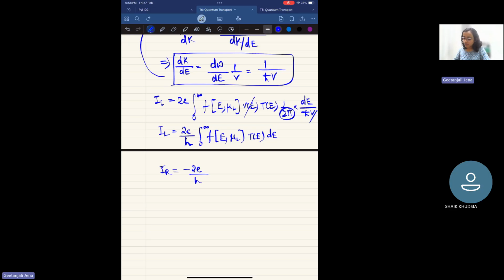For IR, we have the same case, and we can also change the limit, because only the energy levels from UL onwards will participate in the transport. So there is no need to take it from 0. For the left side, you can take it from UL, and for the right side, we can start from UR. So this is dE, and you can calculate the net current.